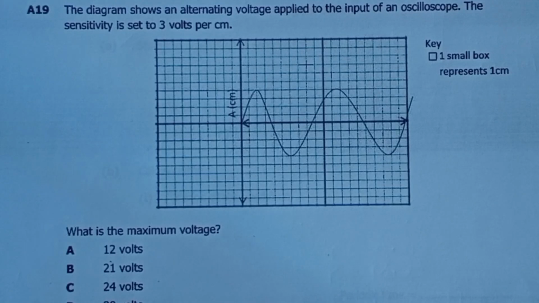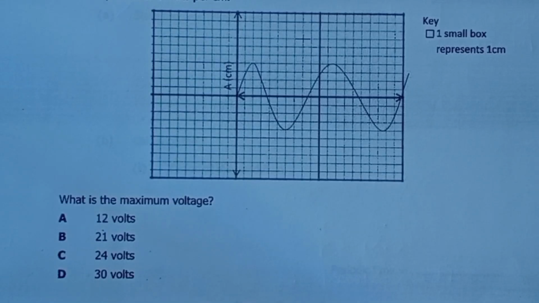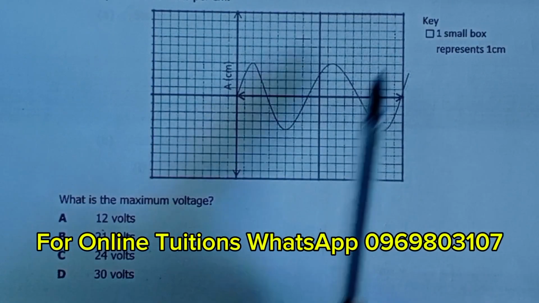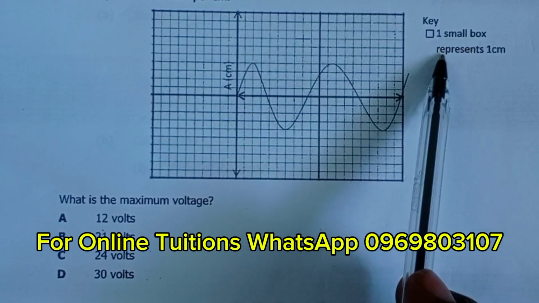19. The diagram shows an alternating voltage applied to the input of an oscilloscope. The sensitivity is set to 3 volts per centimeter. So this is the diagram that we have. The question is, what is the maximum voltage? This is the key. One small box represents 1 centimeter.